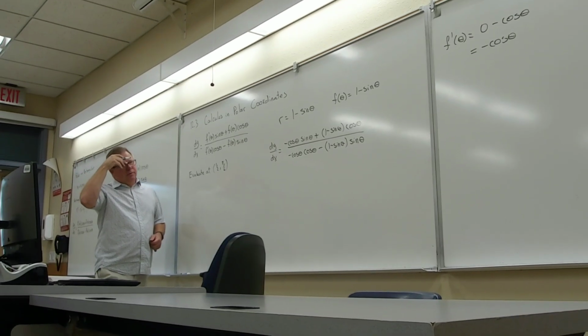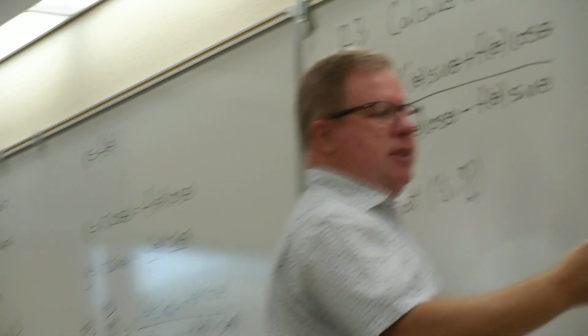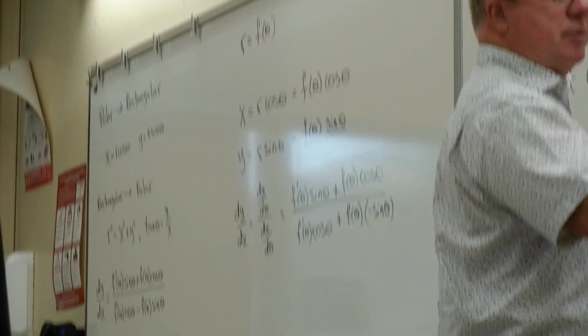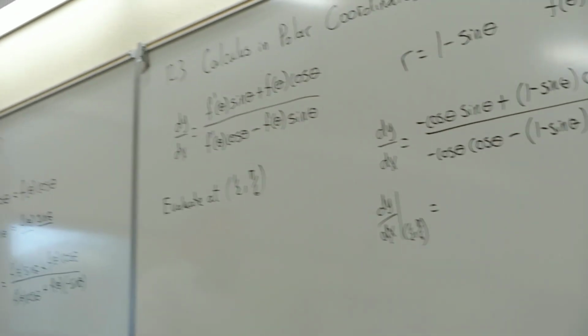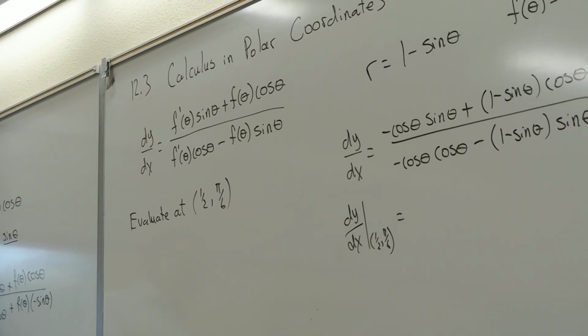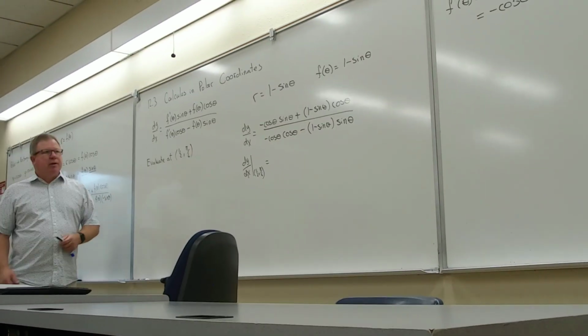So dy/dx at 1/2, pi over 6. That means we put cosine pi over 6 in for the thetas and 1/2 in for the r's, but there aren't any r's. So all we have to do is put in pi over 6 for the thetas.